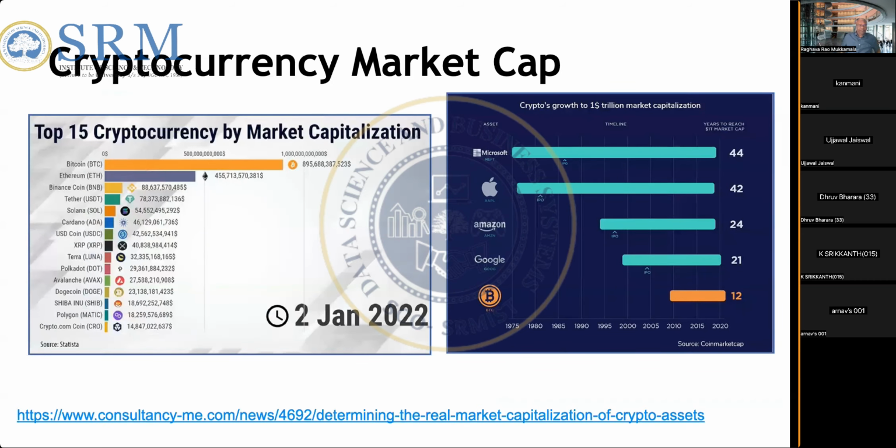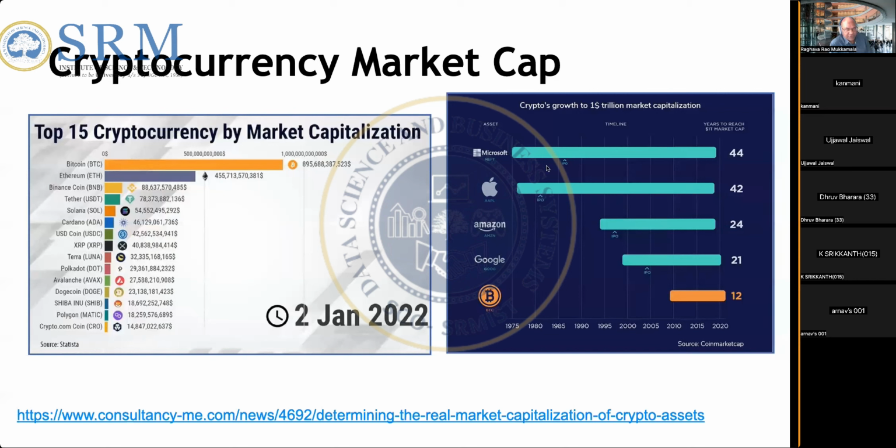And one more comparison. Bitcoin got a lot of popularity, and cryptocurrencies reached 1 trillion market capitalization. If you compare with other companies, how much time did they take to become 1 trillion?